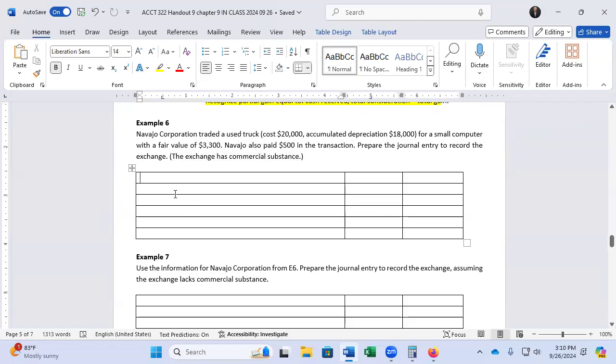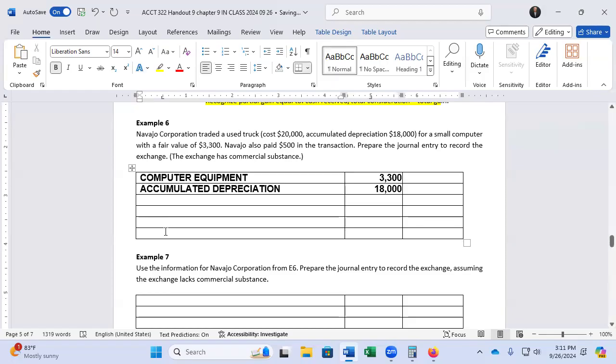So we're getting in this computer equipment, and we know that's $3,300 value. What else do we know? We know that we have to remove the accumulated depreciation for the truck off of our books because we're selling it, 18,000.